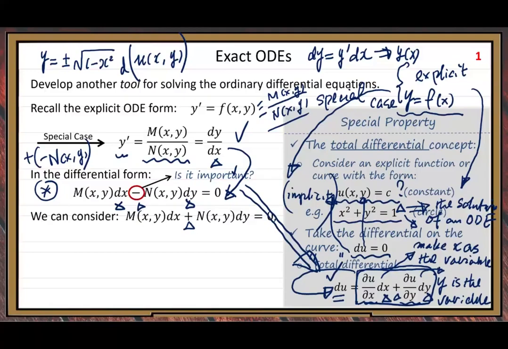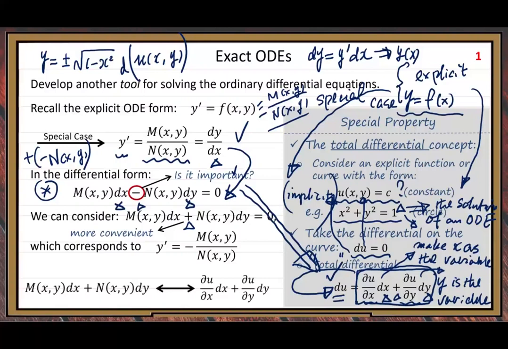In that way, we fix the negative sign problem. Then we try to match. M function should correspond to partial u over partial x. N function should correspond to partial u over partial y.